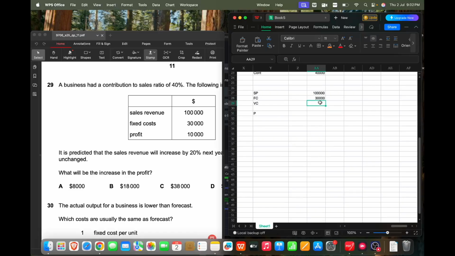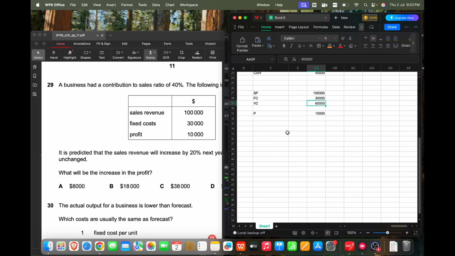How much more should I subtract so that my profit becomes 10,000? If I subtract 60,000 more, that will be a total of 90,000 subtracted from 100,000, so I'll get a profit of 10,000. So this is 60,000 here.